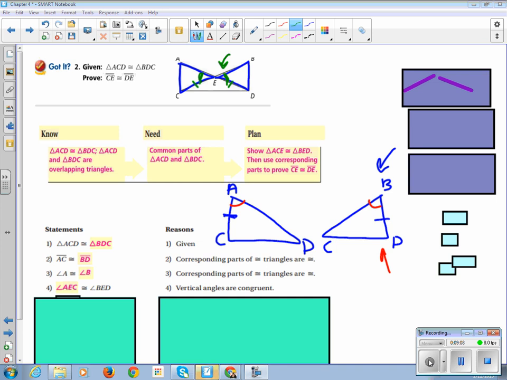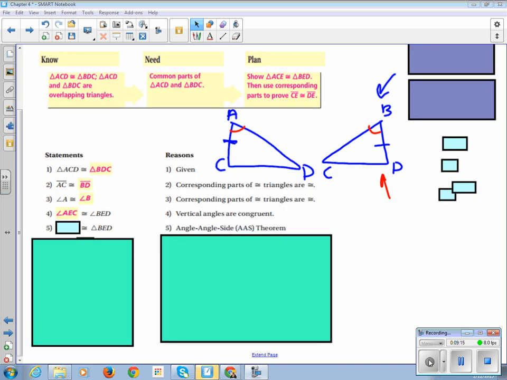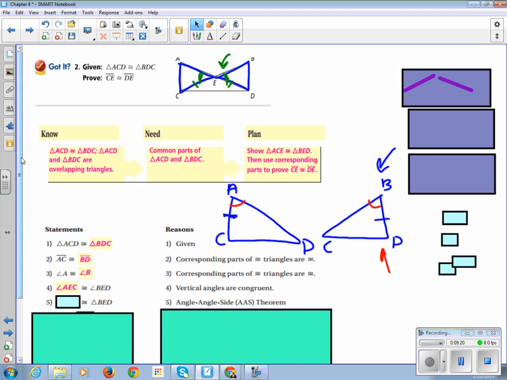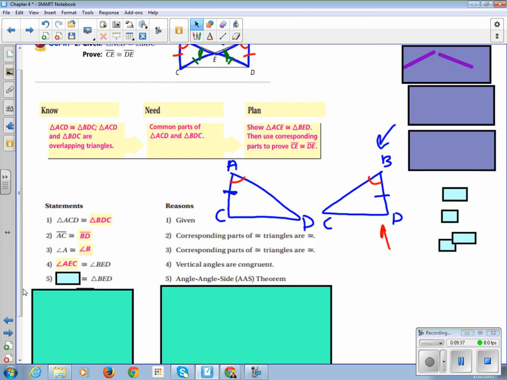Vertical angles keep coming back around. So we want angle, angle, side. We've shown that angle A is congruent to angle B. We've shown that AC is congruent to BD. If we redraw this triangle, right here in red, it's the little bow tie one.